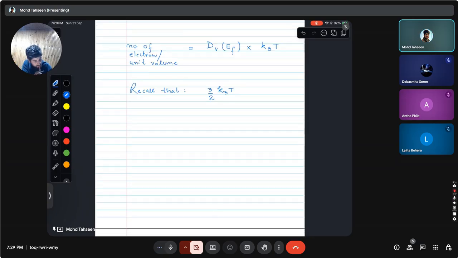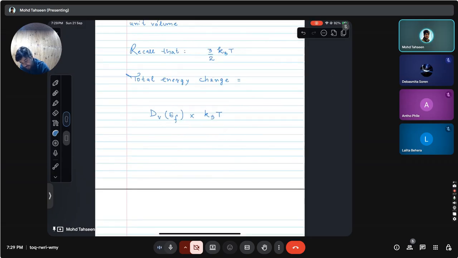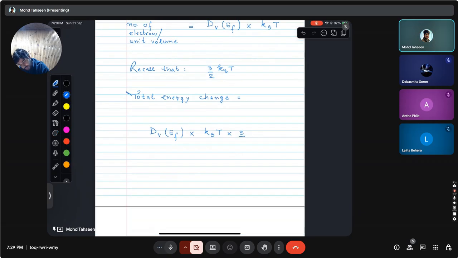Then the total energy change is equal to the number of electrons participating in this exchange process times the energy consumed by each electron, which is 3 by 2 kBT.